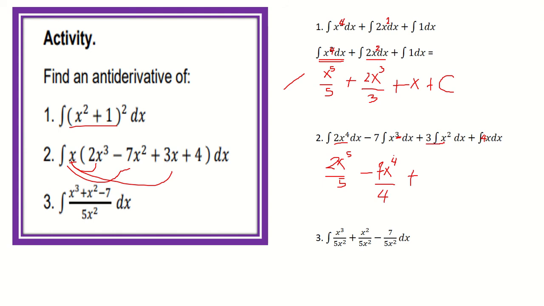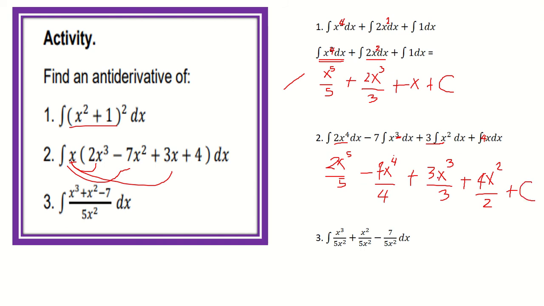X squared, what is the derivative? 3x over 3 plus 4x exponent 2 over 2 plus C. Okay.